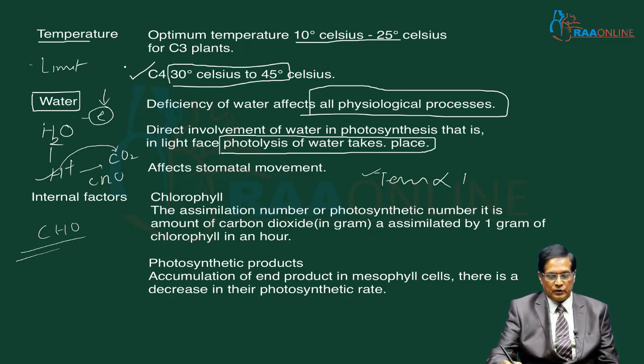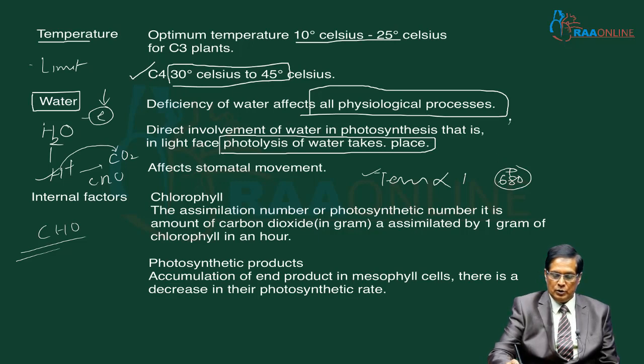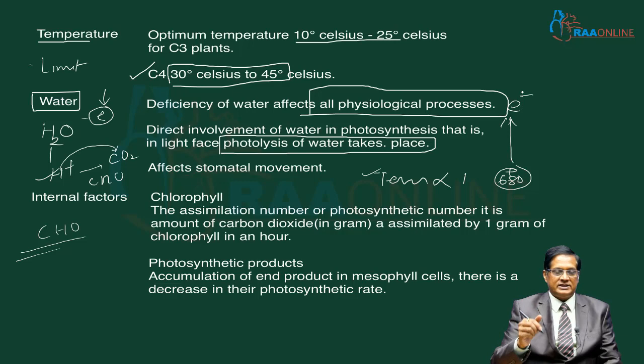We have studied the photosystems. When PS2, that is its reaction center P680, loses an electron due to photoexcitation, this electron will not come back to this particular center.